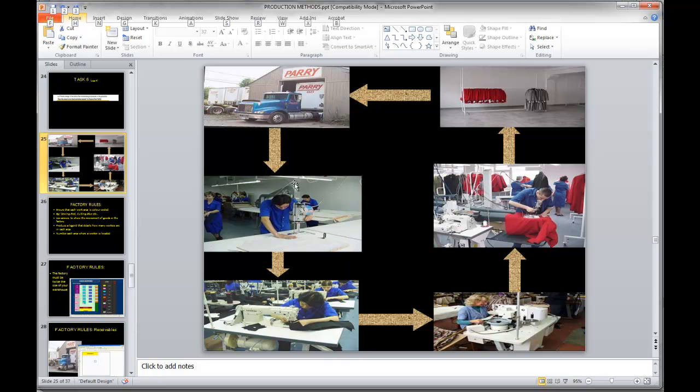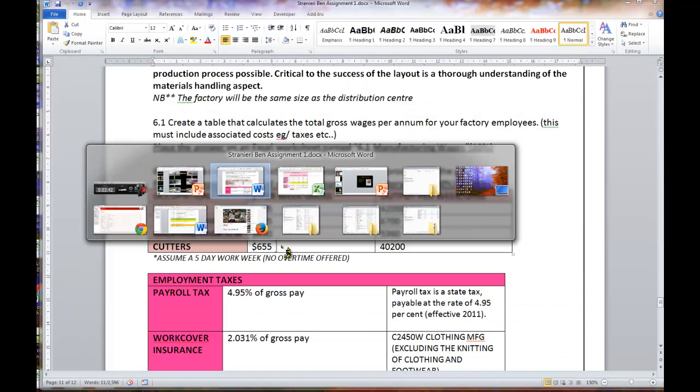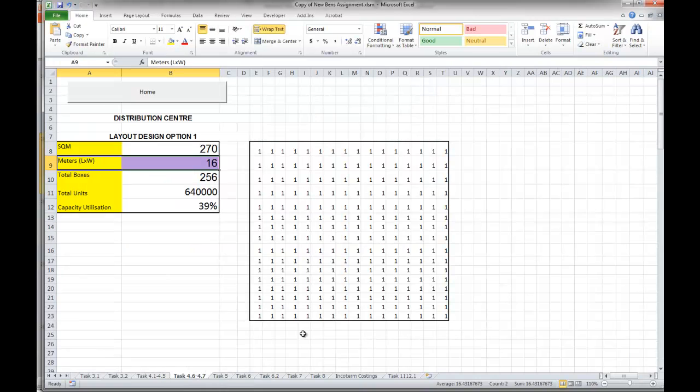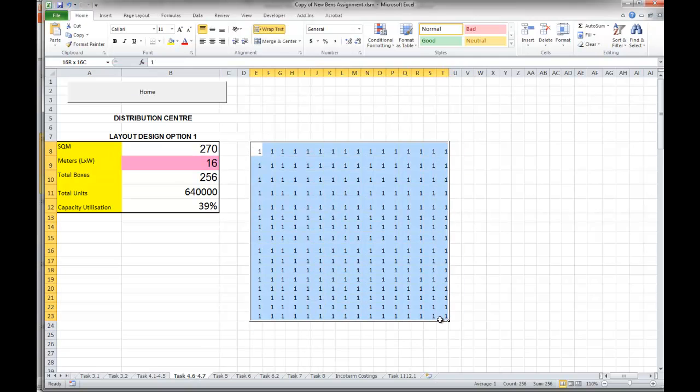So we have to be mindful of this flow of goods, or the material flow of goods, if you like, through the distribution center, through the factory. Now, sorry, I'm just finding my sheets. Now we have to go back to our distribution center, task 4.6, and take note of the size of the DC.